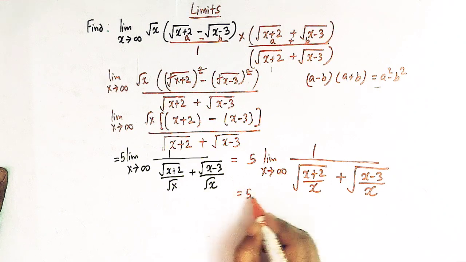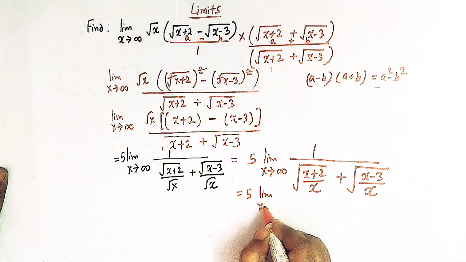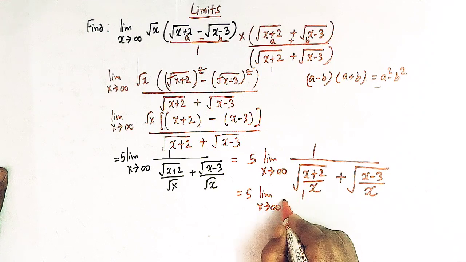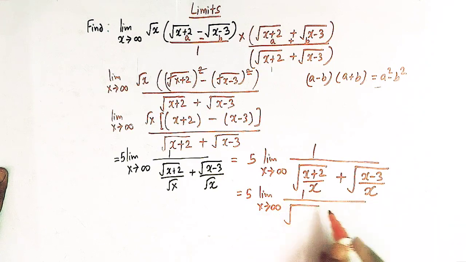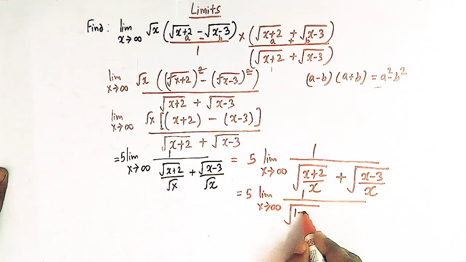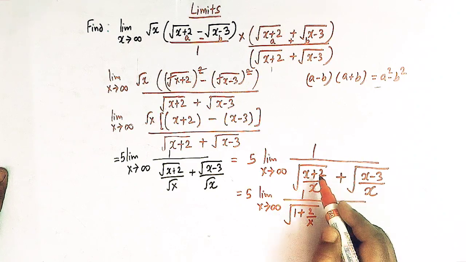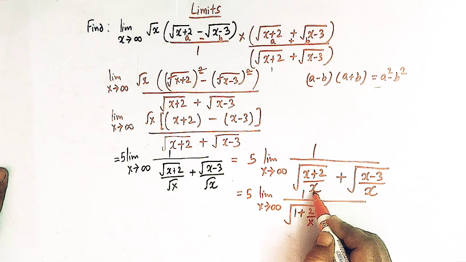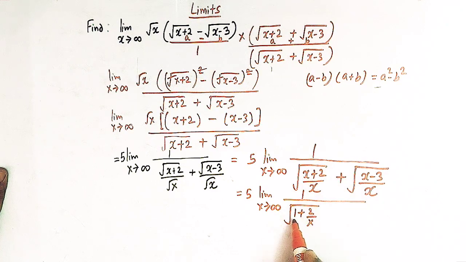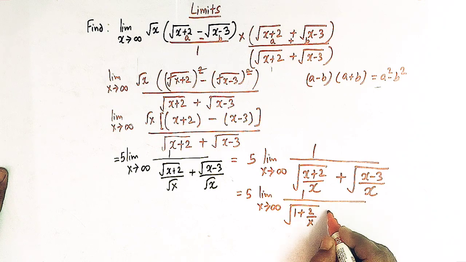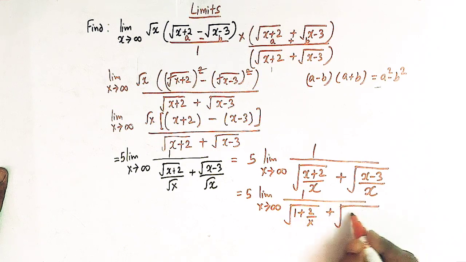So now we can write limit x tends to infinity of 1 over square root of 1 plus 2 over x. We write x over x plus 2 over x, and x over x cancels and we are left with 1. Similarly, here we have x over x equal to 1, then minus 3 over x.